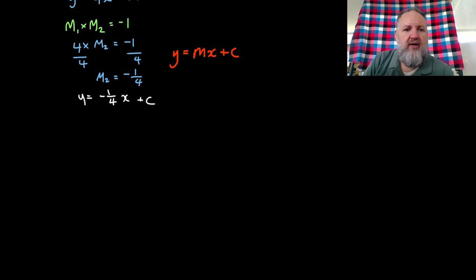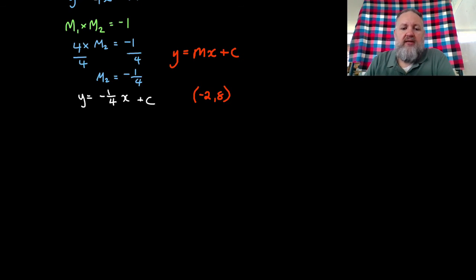I'm going to rewrite my new equation. I've used a different colour to represent the fact that this is now the linear equation that is perpendicular to my original one. I now need to find where my y-intercept is, what my c is. I had one single point, it had to pass through (-2, 8).